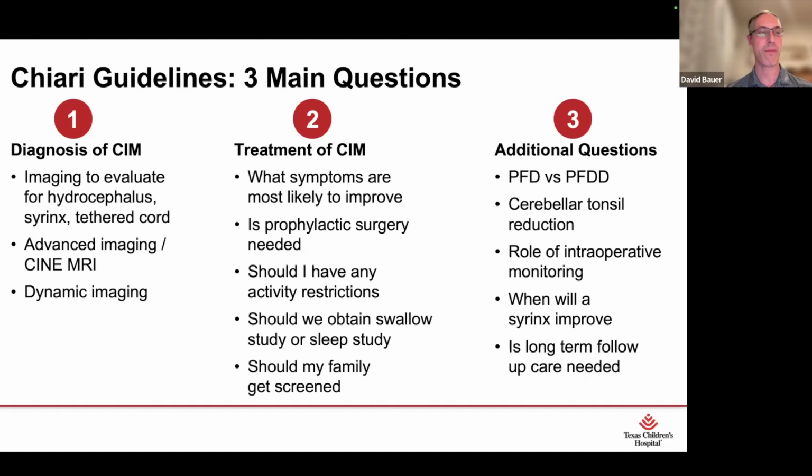And so I highly recommend, if you're interested in the data, we did a very good job in looking at all of the data on Chiari, grading the literature, and then writing recommendations based on the quality of the literature, if we believed the literature was true or not, or how strong was the evidence.